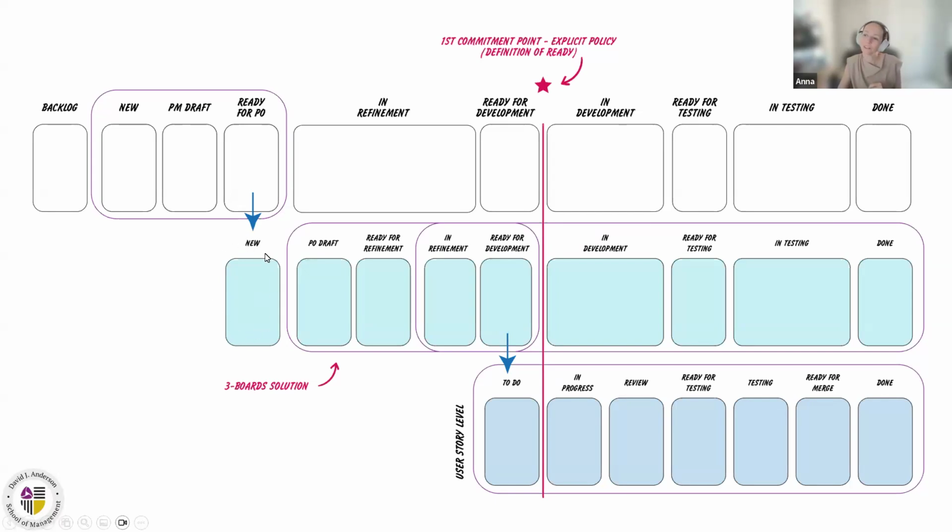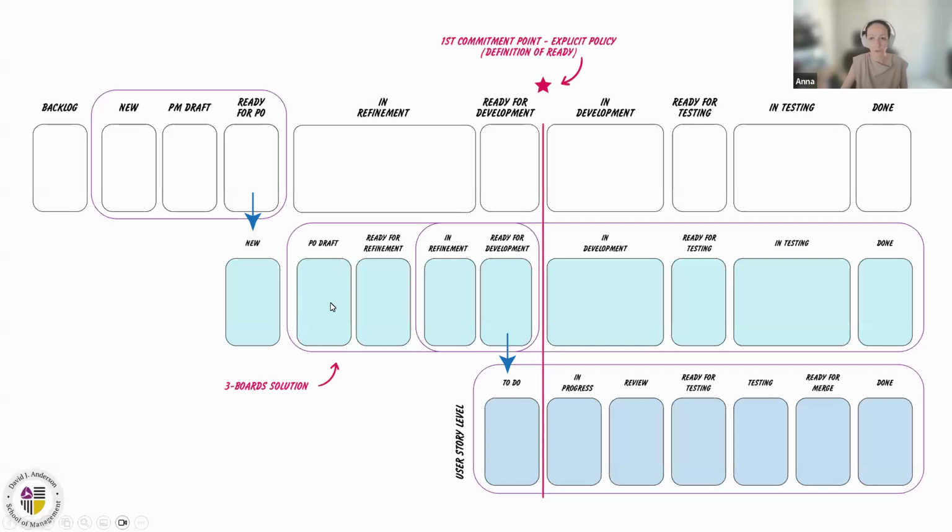We have here this first column, which is called new. New is the backlog for the end-to-end process for product owners and development teams. Then product owners, who we now call upstream, work on drafting requirements.